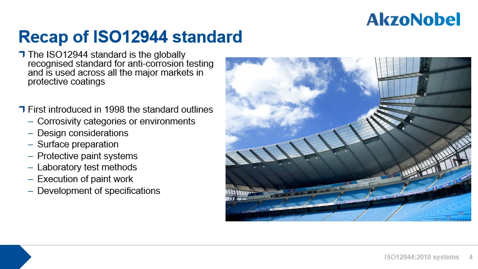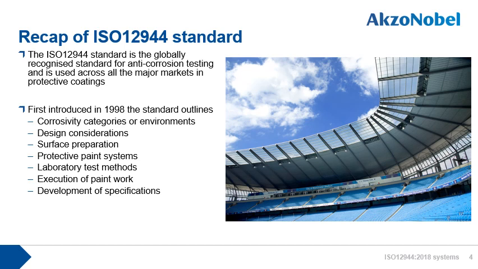The new revision, which was published in 2017-2018, comprises 9 parts. It is currently the most widely recognized global standard for specifying paints or coating systems that provide protection from corrosion and is used across all major markets in protective coatings.